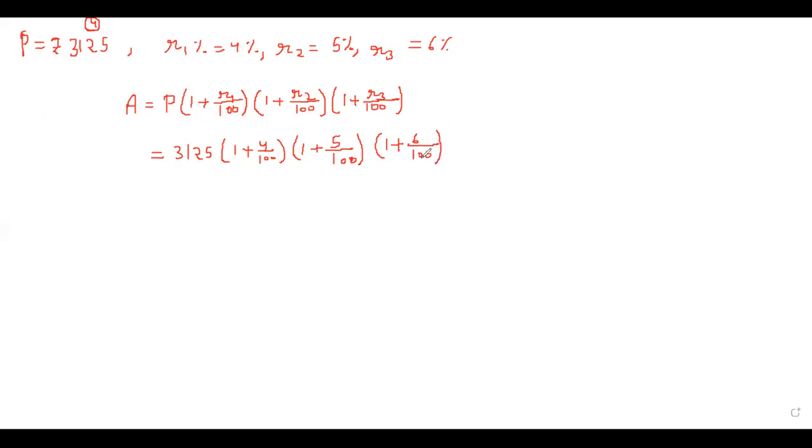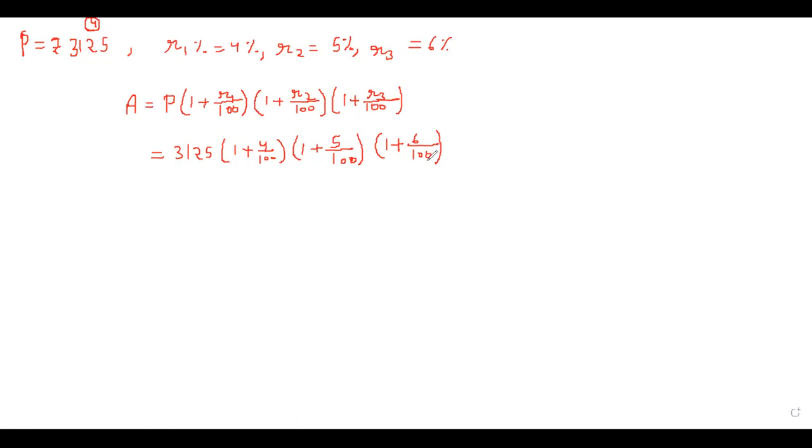So when we have to multiply, we can find the answer only by multiplying. Whenever there is a question of multiplication, you don't have any other option, you have to multiply.